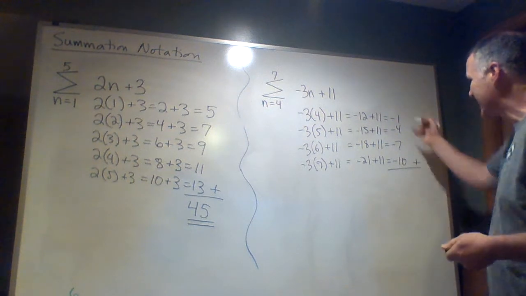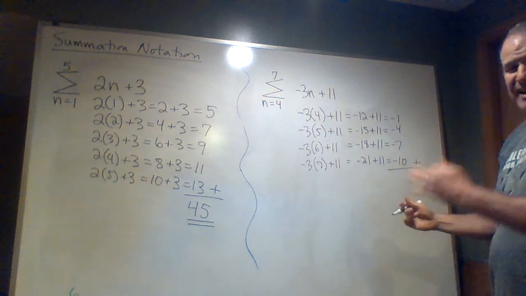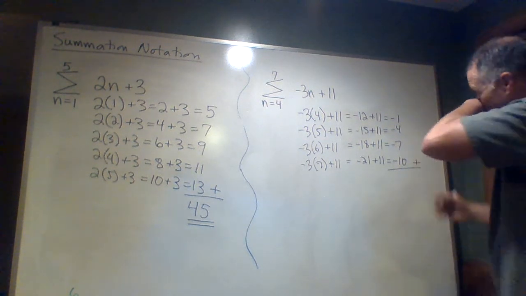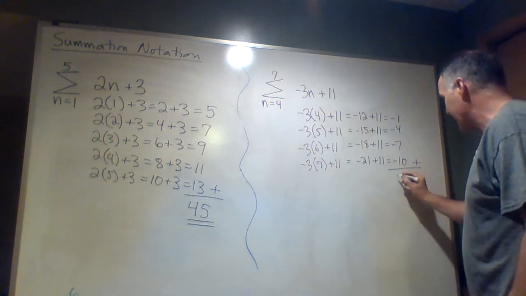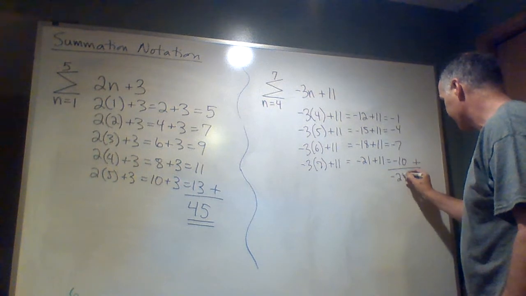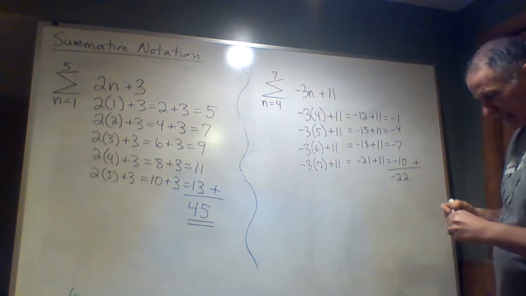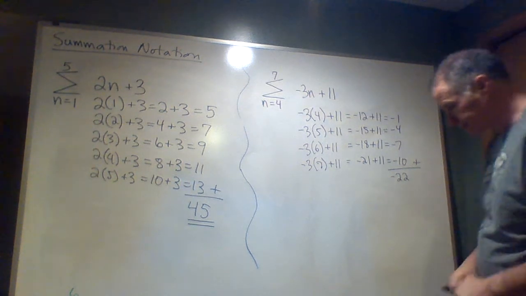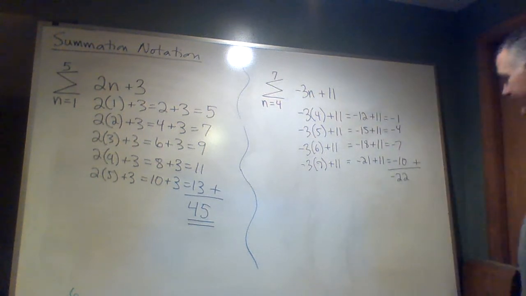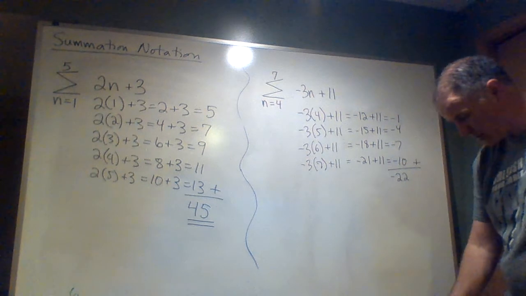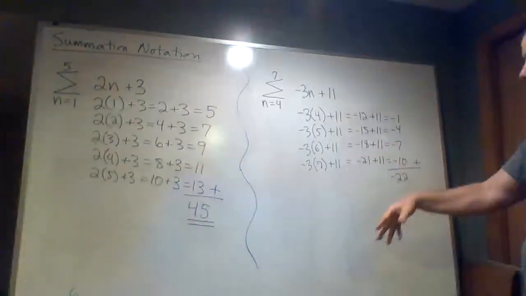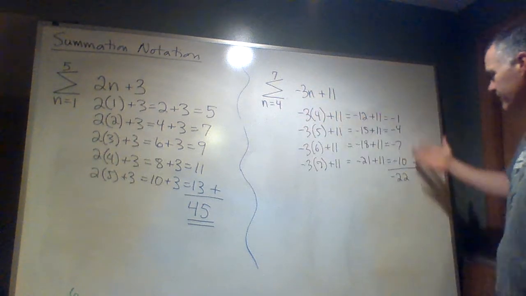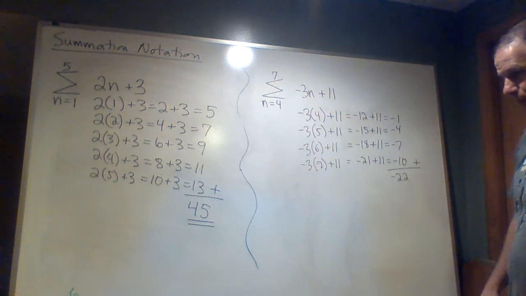Adding negatives just keeps going farther down the negative number line, and this finishes up as negative 22. That's the answer. Negative 22 is the summation of that problem, plugging in 4 to 7 and simplifying.